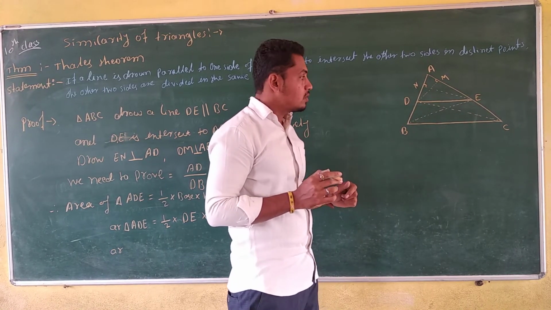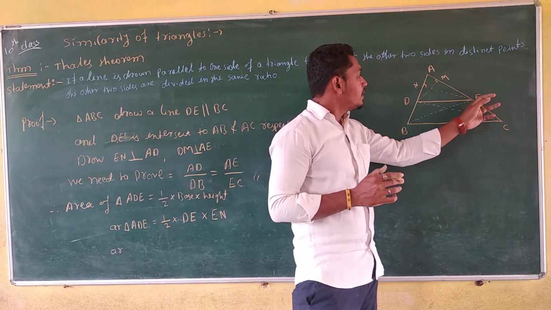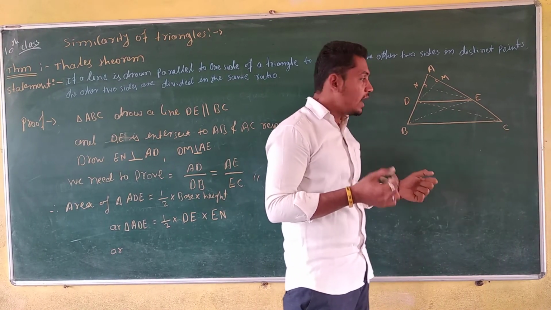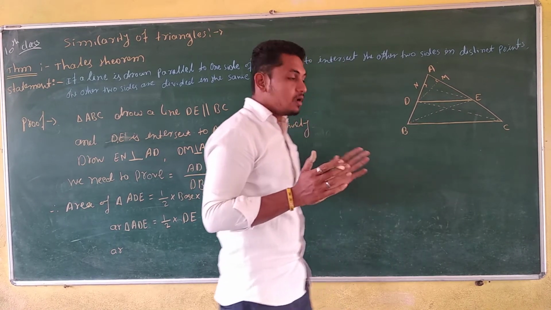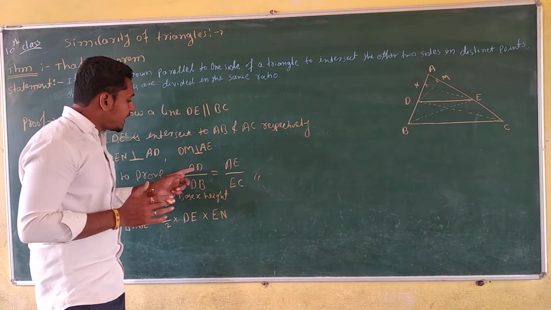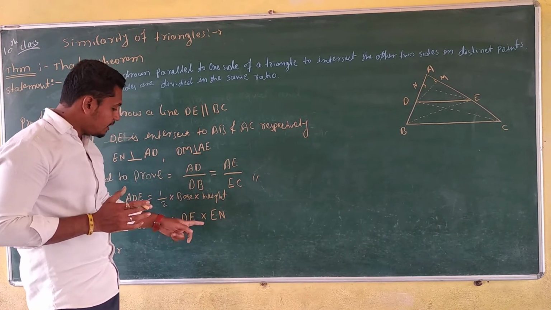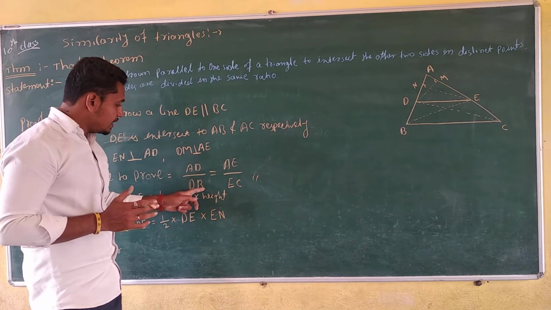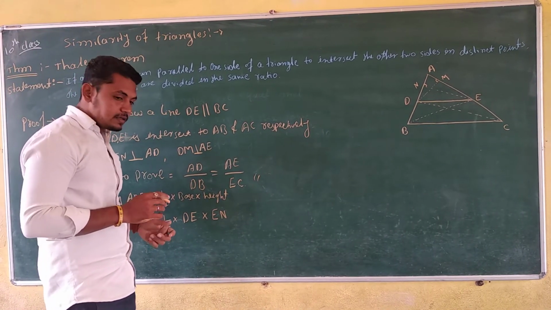Now we could choose BEC. So why do we choose DBE only? Because now we need to prove AD divided by DB. Is it right? So AD and DB.